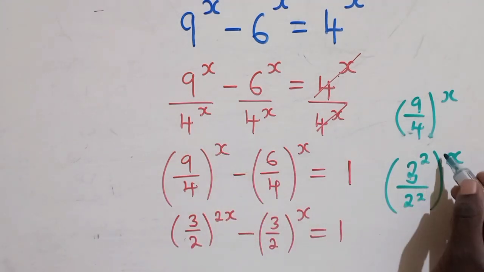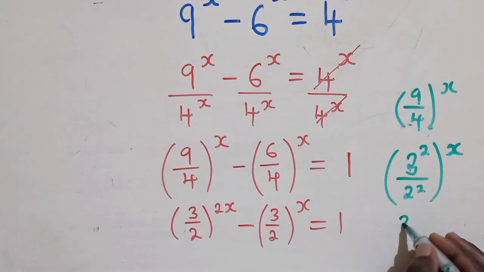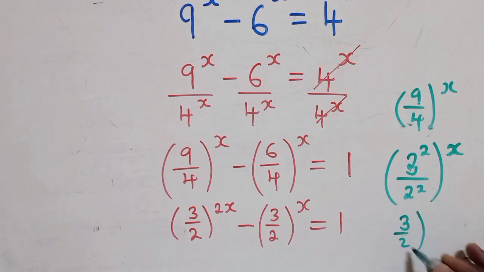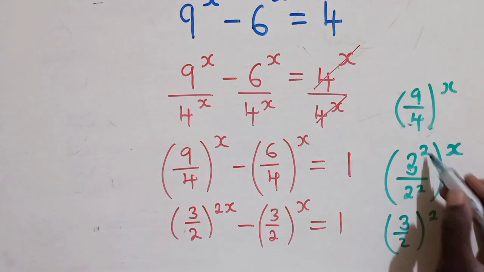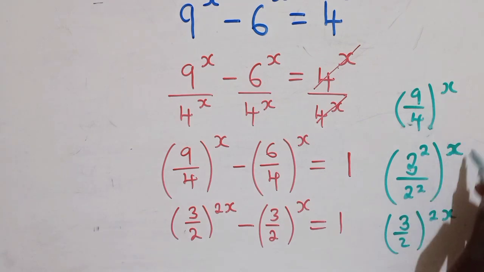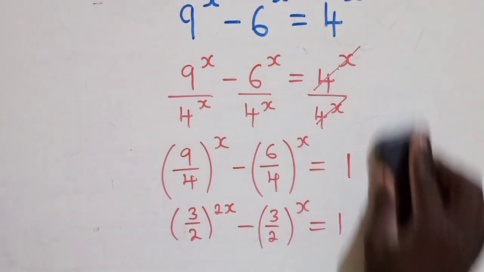These two powers, power 2 and power 2, we can write as 3 over 2 power 2 and x. This power will come out and be multiplied by the x using the laws of indices. That's what we've done here.